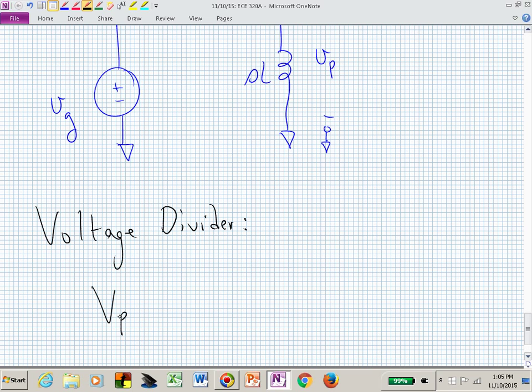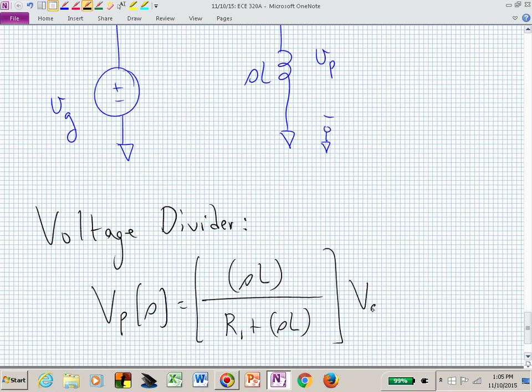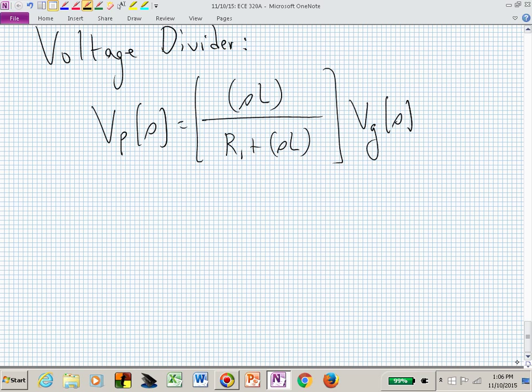we now have V sub P of S is equal to SL over R1 plus SL. And that now scales the input V sub G of S. That's not really in any of the structures or forms that we want.